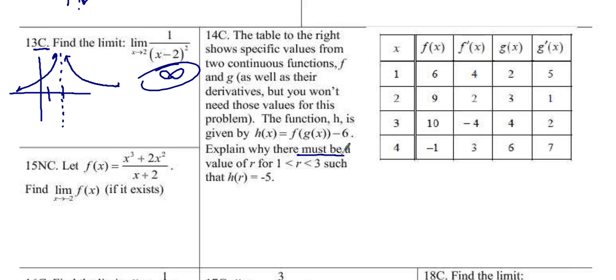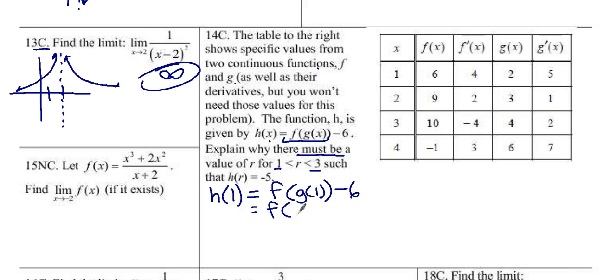So first off, is h continuous? Well, I know f and g are continuous, and a composition of 2 continuous functions minus a constant is still continuous. So h is continuous. So we'll put that in our conclusion. But I need to find out what h of 1 is and what h of 3 is. H of 1 is equal to f of g of 1 minus 6.